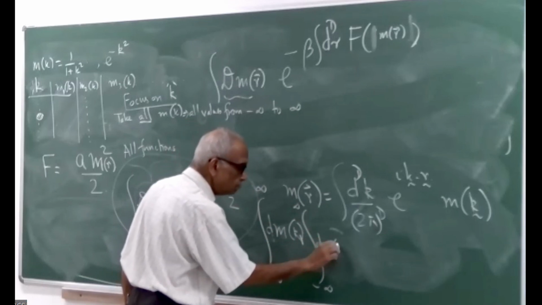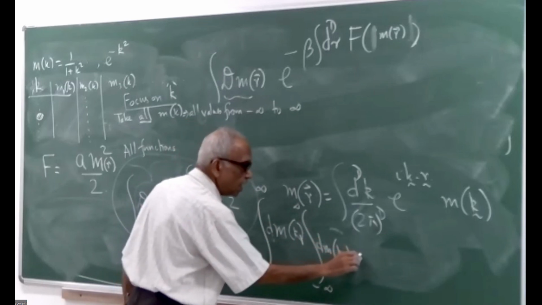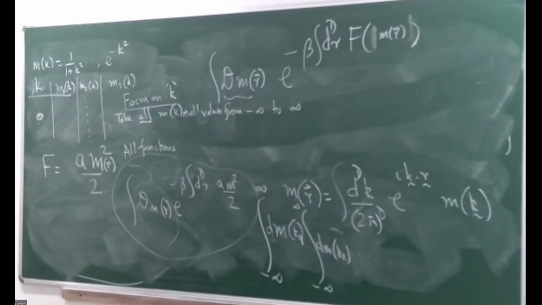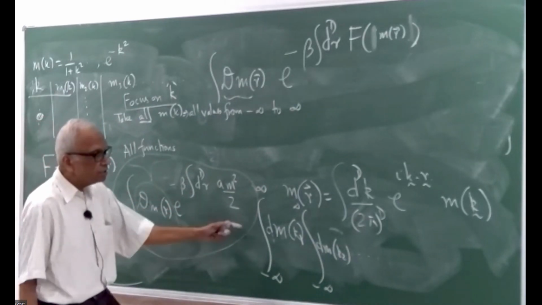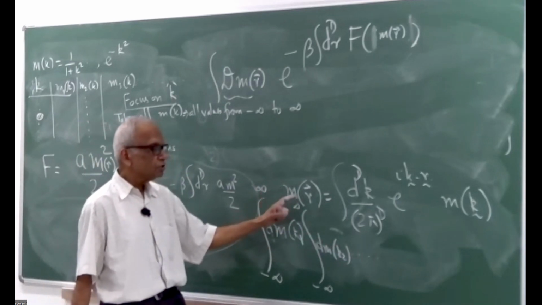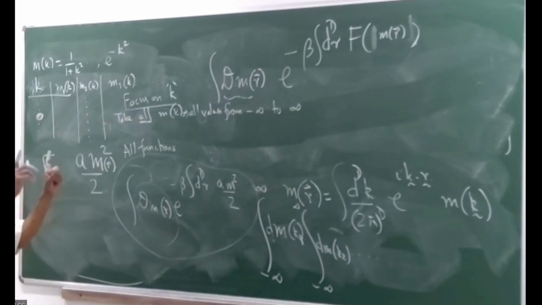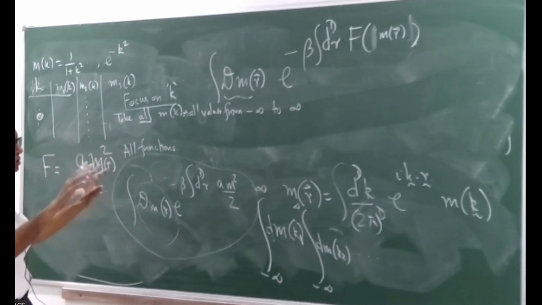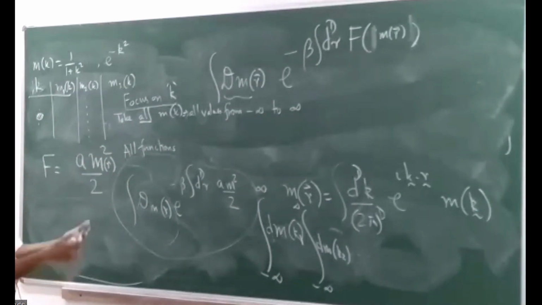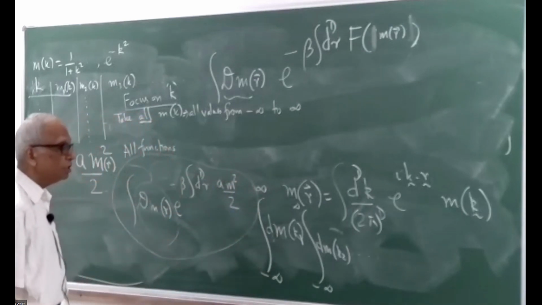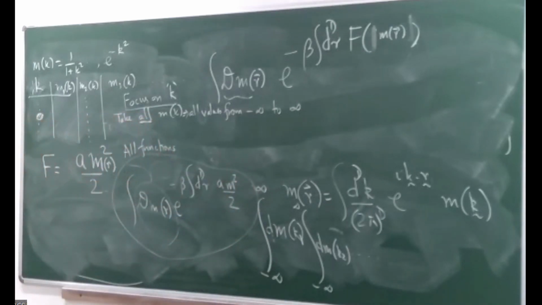And I exhaust all the k's that are possible. And in the process, I have exhausted all possible functions m of r. So the integral is over all admissible functions m of r, admissible meaning that they have some falling off at infinity and so on and so forth.